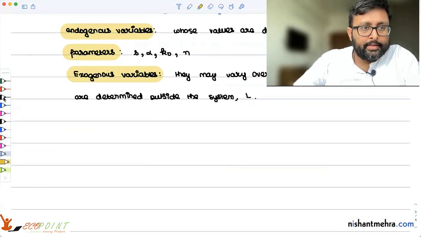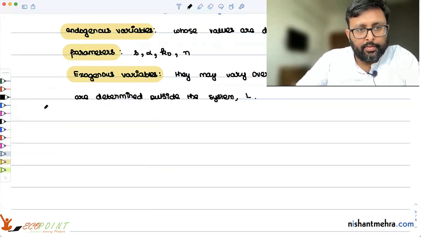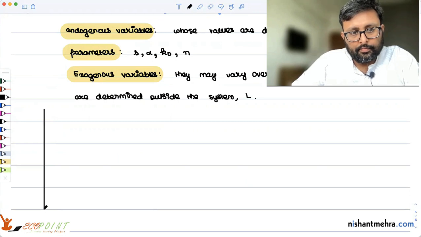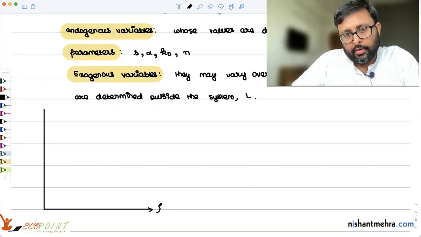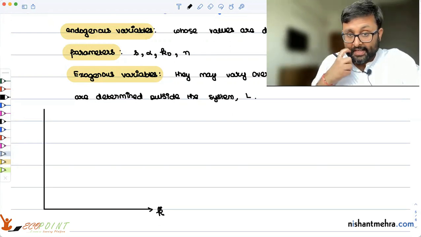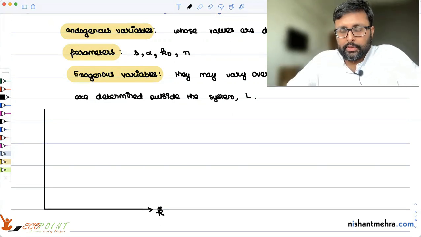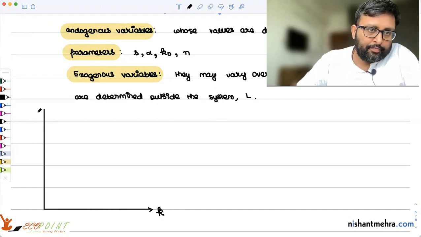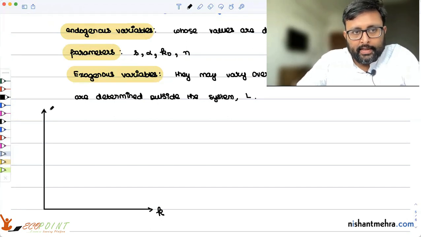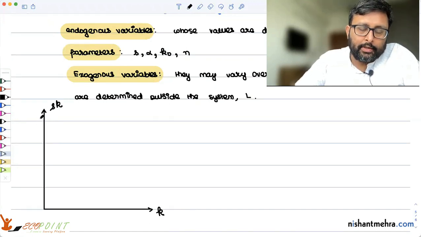Now, let us say I have this model with me. On the x-axis, I have small k, which is your capital per worker. On the y-axis, I have gross investment per worker, small s into small y.